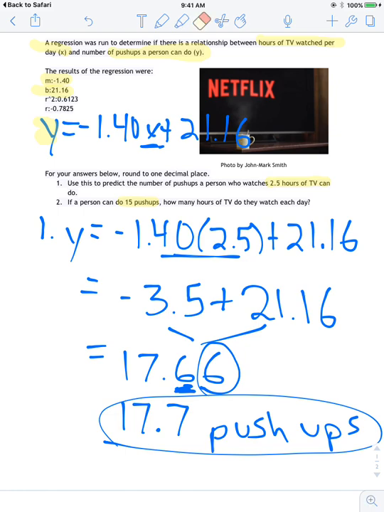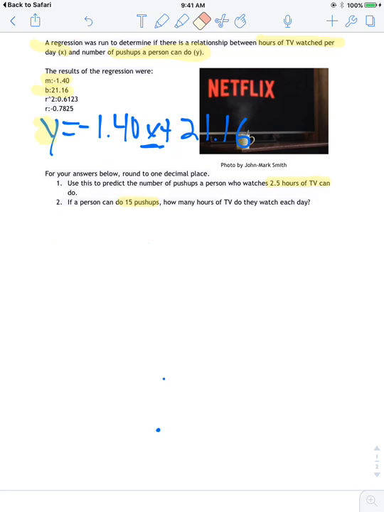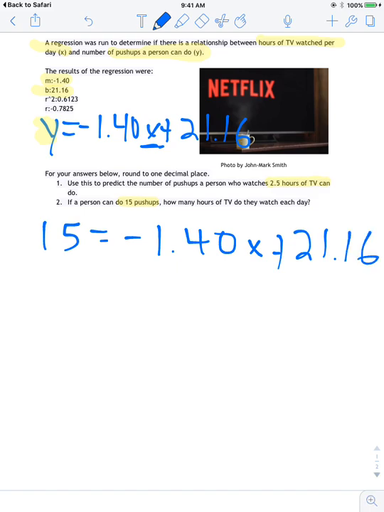Let me give myself some room. All right, so let's set up our equation. Instead of y, we're going to write 15 equals negative 1.40x plus 21.16.